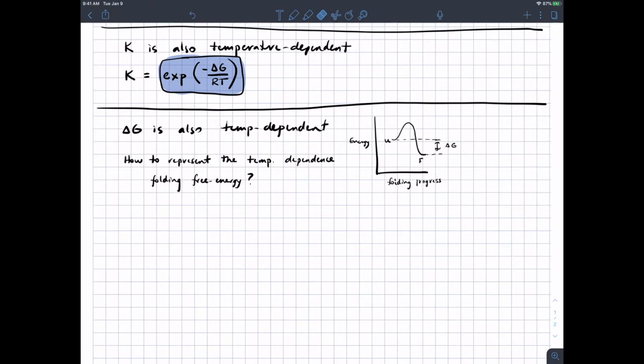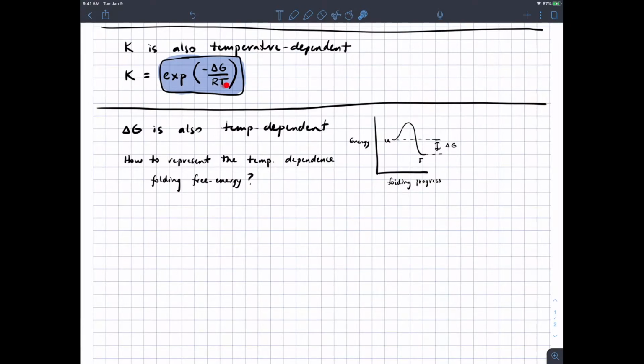And to fit those data, we needed fraction folded, which we can get based on the equilibrium constant, and in some cases, the total peptide concentration. We've previously derived expressions for all of those: monomer, dimer, trimer, tetramer. And then we reminded ourselves that the equilibrium constant itself is temperature dependent.